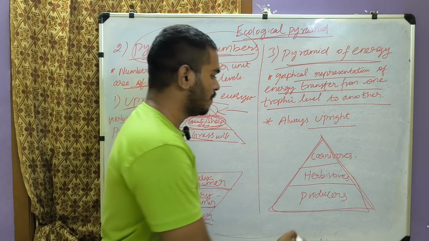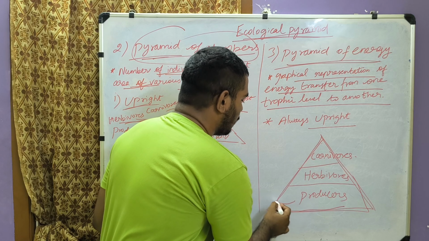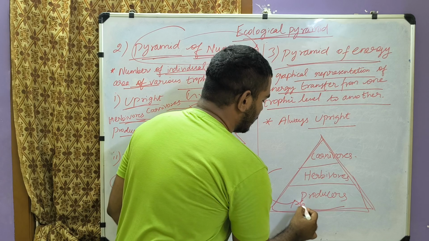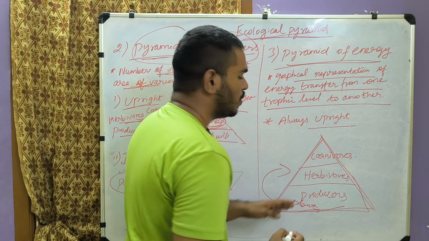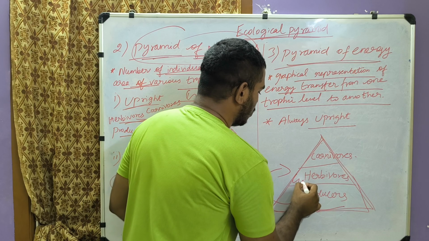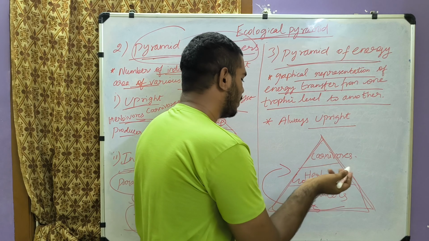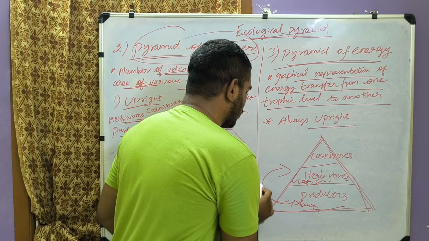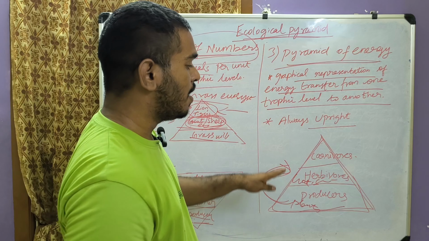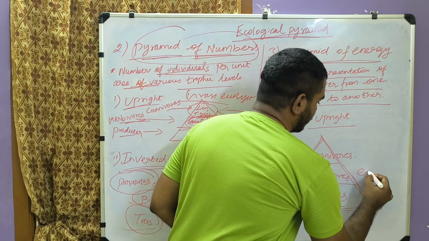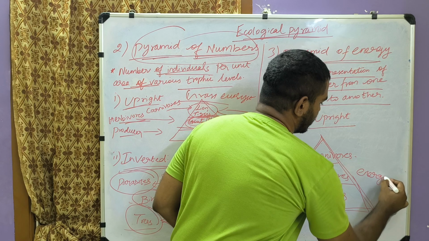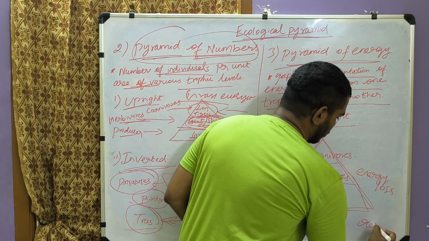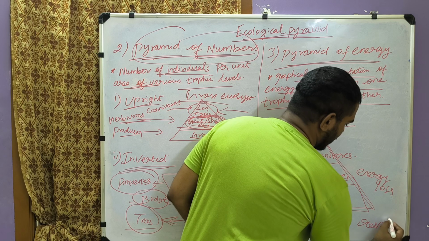Why? Because whenever the energy flows from producers, which are plants, to herbivores like goat, sheep, buffalo, anything maybe, energy loss will be there due to respiration and other activities.